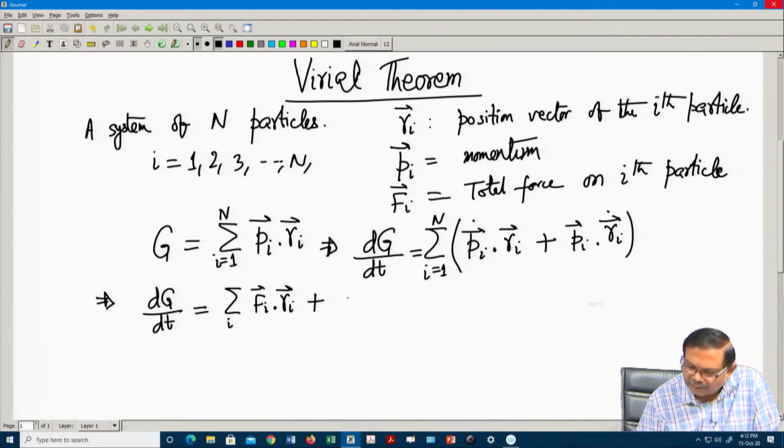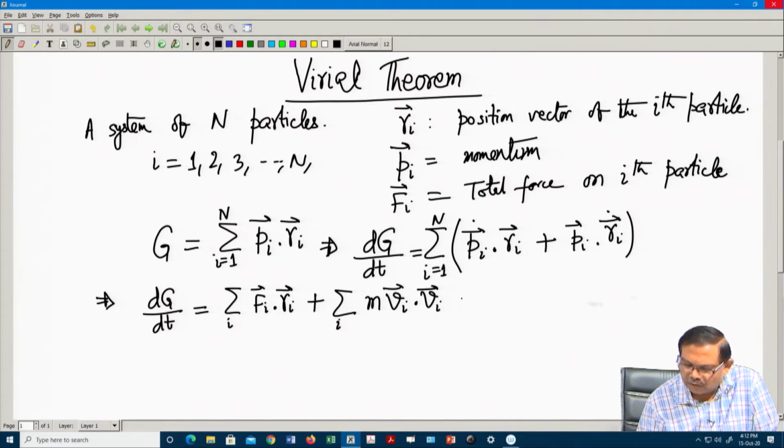Then sum over P_i and R_i dot. So, what is that? P_i is m v_i, that is the momentum, dot R_i dot, which is the velocity. So, this is m v squared, with m the mass of the ith particle, and kinetic energy is half m v squared.